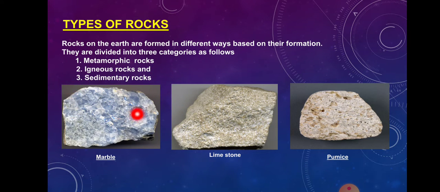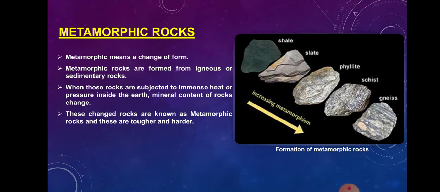You did not learn about marble or metamorphic rock; I will explain it in the next slide. And pumice is an igneous rock. So you know the formation of limestone and pumice. You need to understand the formation of marble. Now we will see how marble is actually formed.